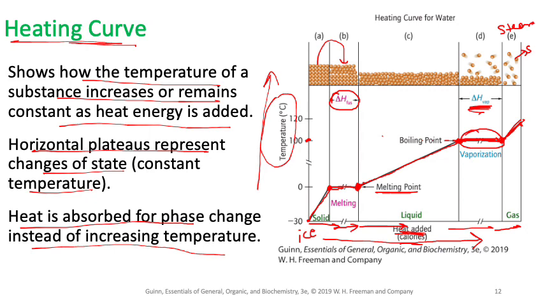If you can see from the graph. So this is how the heating curve works, and then you can get the melting point and boiling point if you already have the heating curve in front of you. So make sure you know how to interpret this heating curve.